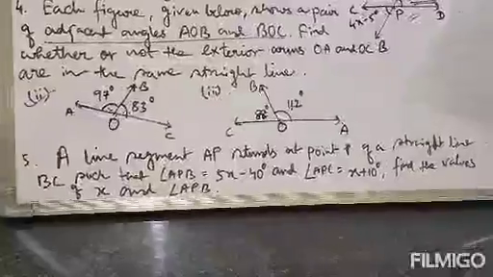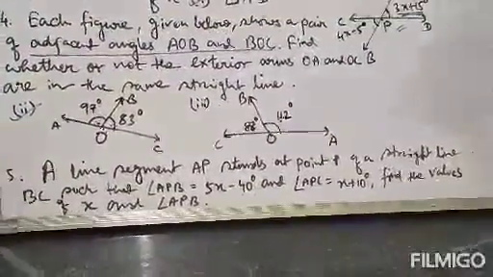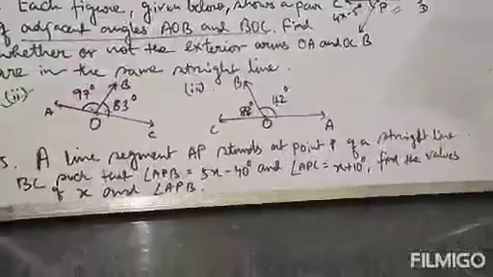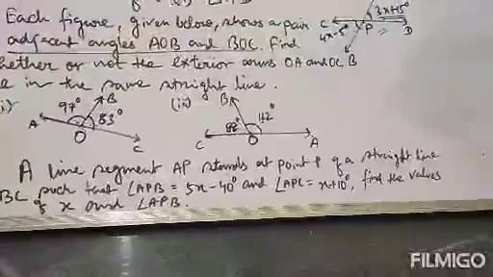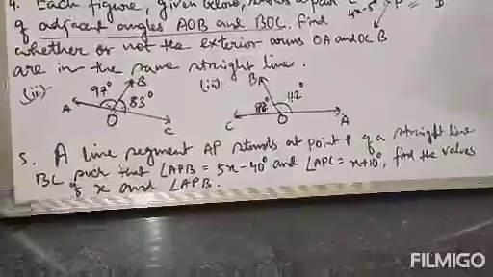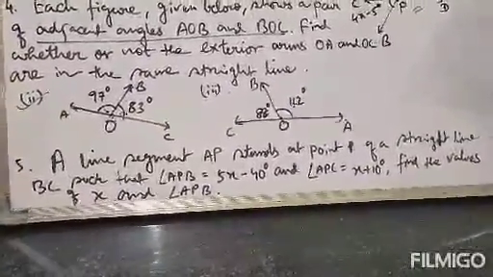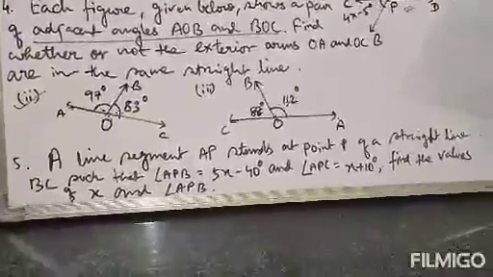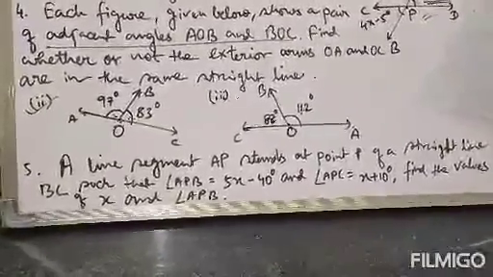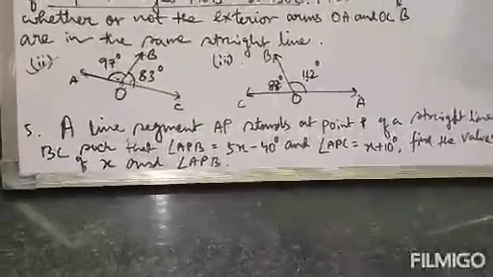Now, no diagram is given, only the statement is given, and you have to draw your diagram based on that statement. So a line segment AP stands at point P of a straight line BC, such that angle APB is 5x minus 40 degree and angle APC is x plus 10 degree. So find the values of x and angle APB.